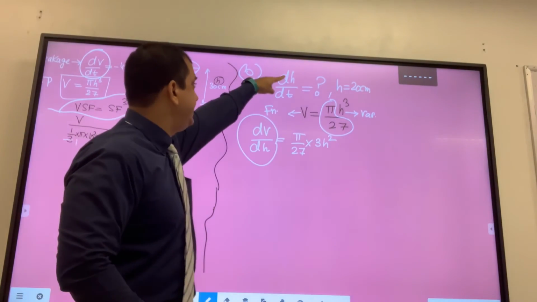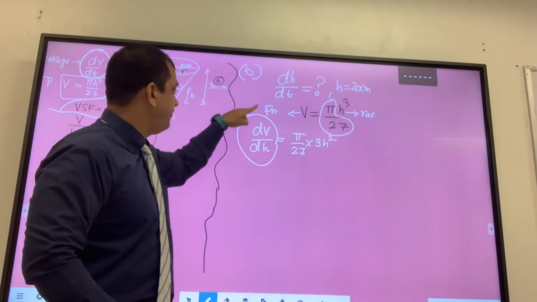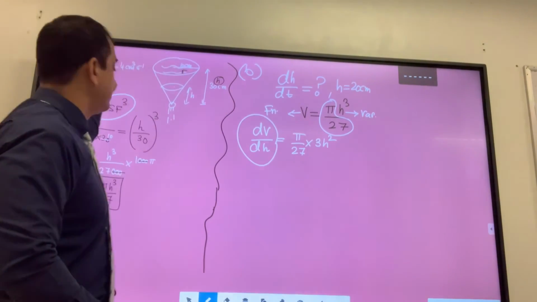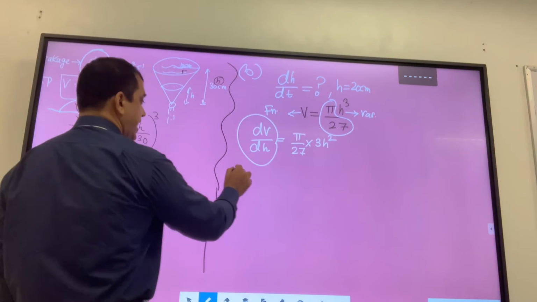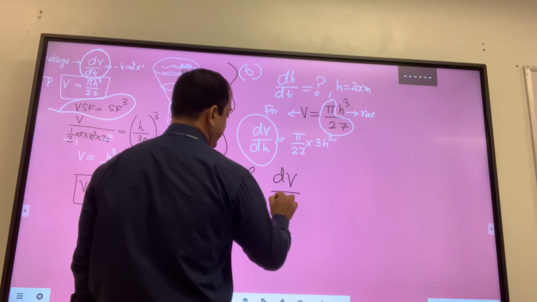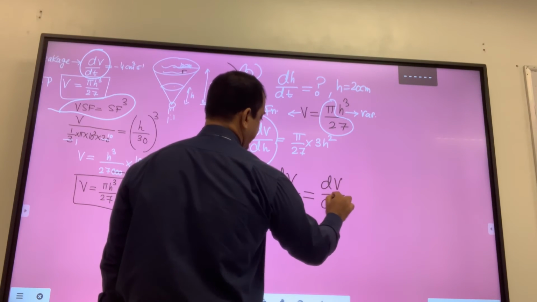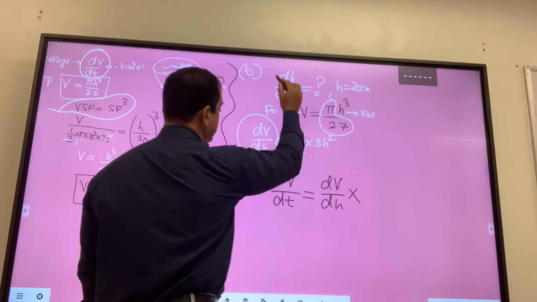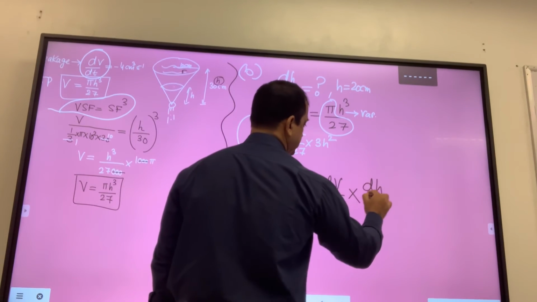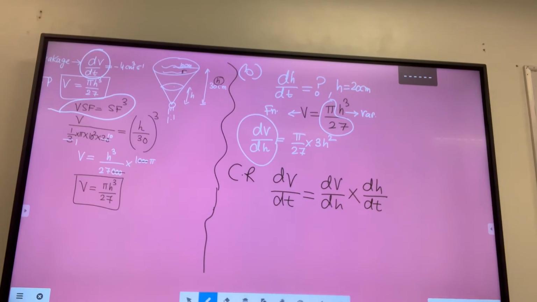If you multiply dh dt and dv dh, dh seems to cancel out. We're left with dv dt, which is this one. So that's called chain rule. So right here, by chain rule, dv dt is equal to dv dh times dh dt. Clear?